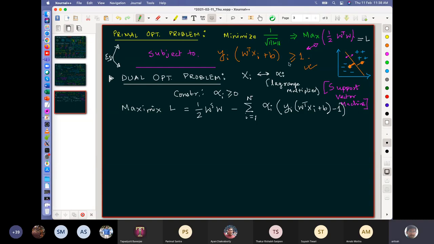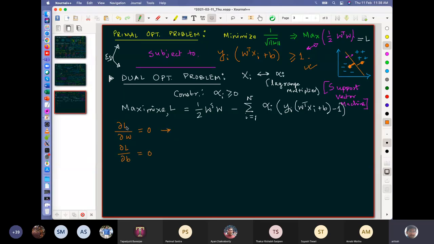So this is this minus 1, into alpha i, they multiply the Lagrange multiplier and they try to maximize this value with respect to these constraints. Why did they do it? Because if we try to do the maximization as per our regular rule, I want to make this equal to 0 and I want to make this equal to 0.